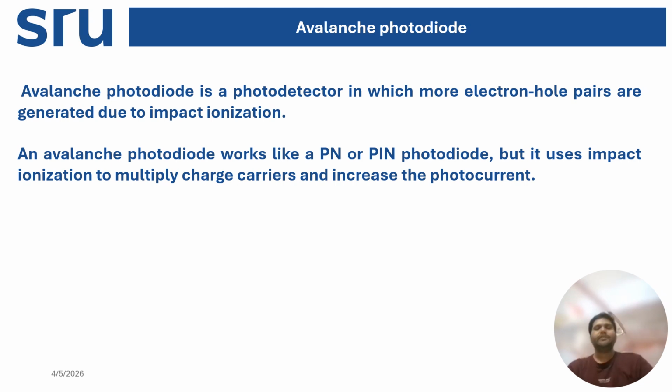Next is the avalanche photodiode. So what is an avalanche photodiode? An avalanche photodiode is a highly sensitive semiconductor photodiode that converts light into electrical current similar to the PIN photodiode.